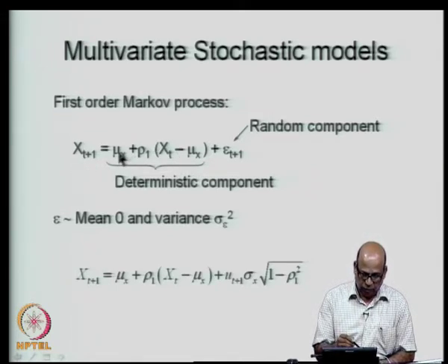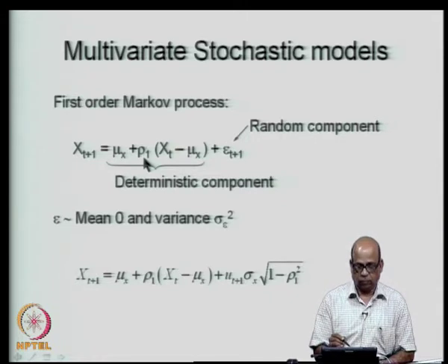So, this is a stationary model, because we are treating mu, which is the mean, as constant. So, it is not changing with respect to t. So, this is constant, and then you have rho 1 which is lag 1 autocorrelation, and this is the random component.